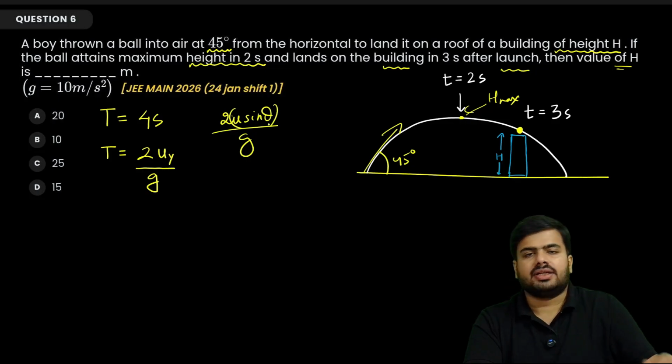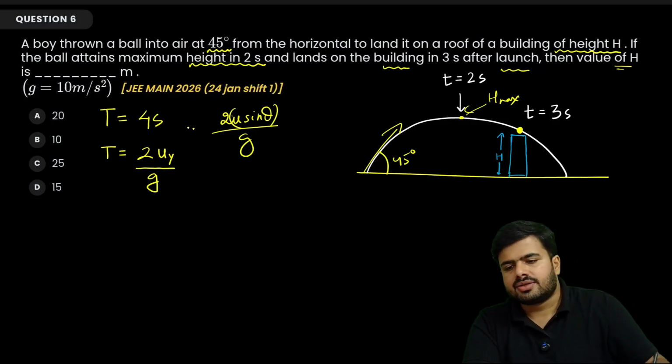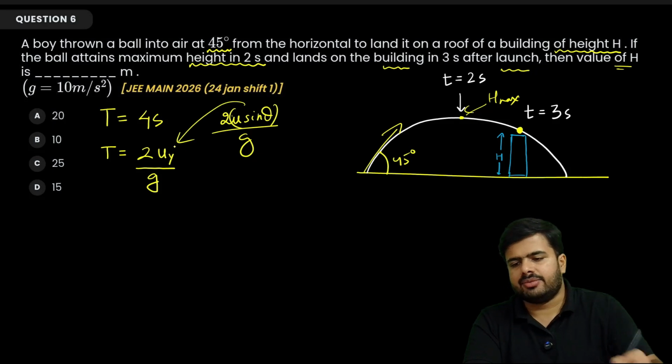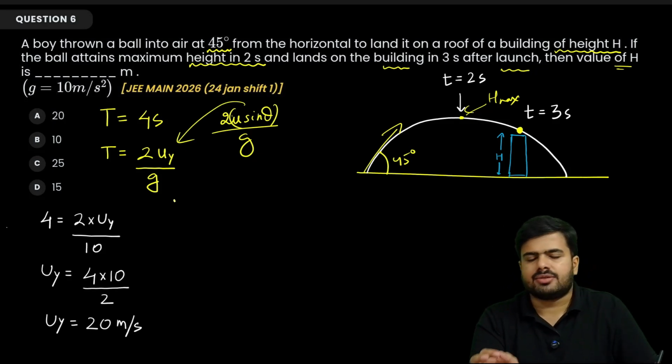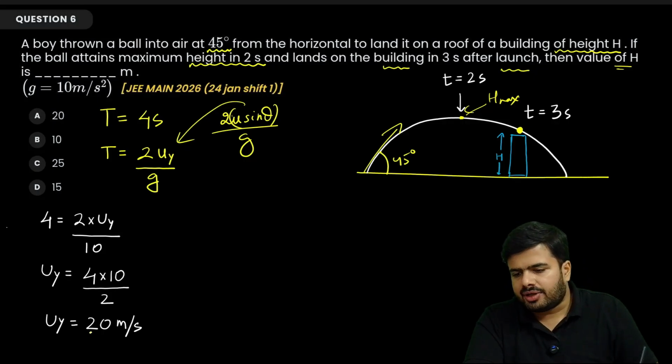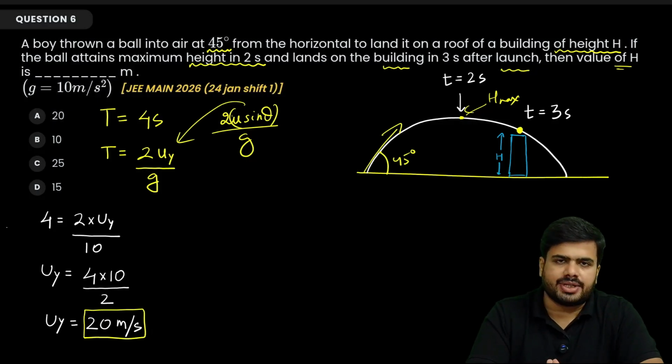U sin theta is the initial velocity along the y direction. Substituting the values of time and g, we get the initial velocity along vertical as 20 meter per second.